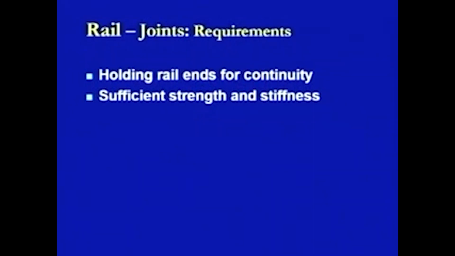Another aspect is that sufficient strength and stiffness should be there. Now, in the case of the rail joints, the two rails which have been placed one after the other on the same alignment, on the same path, have been jointed together using fish plates and fish bolts.